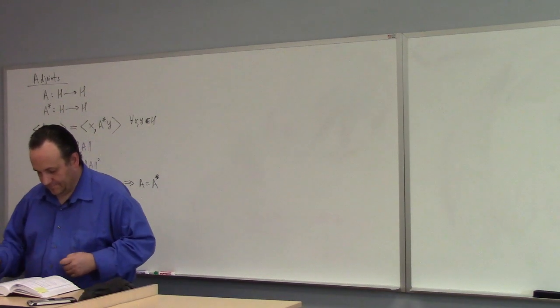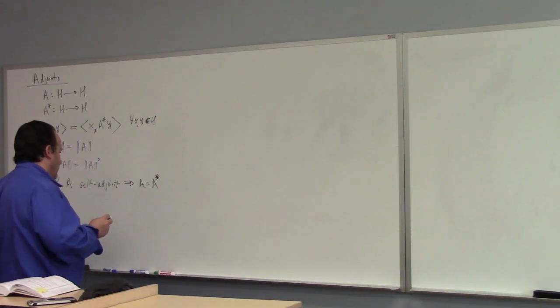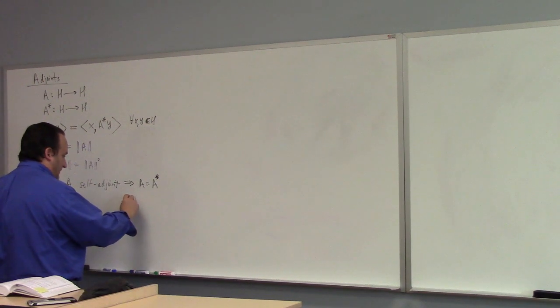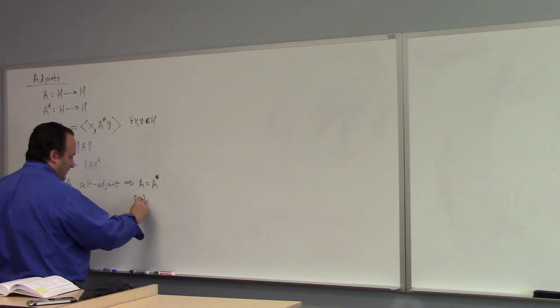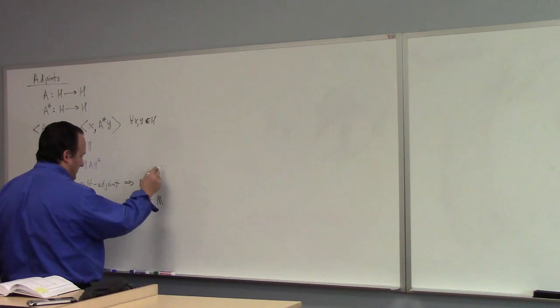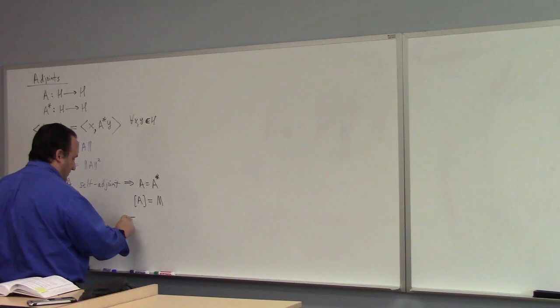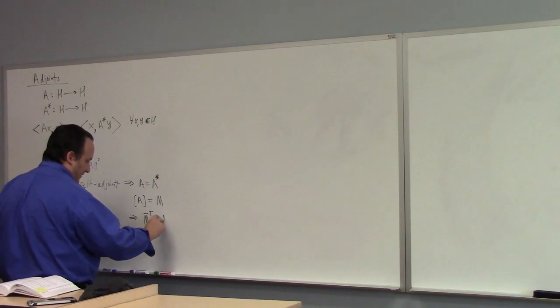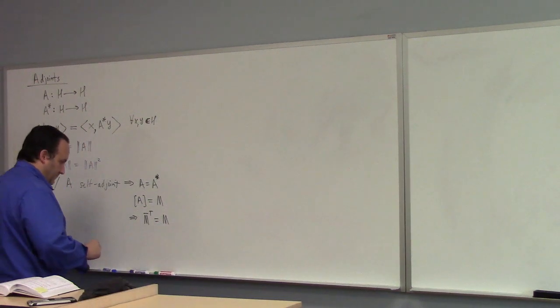And that implies, if the matrix of A is equal to M, then if it's self-adjoint, it implies that M conjugate transpose is equal to M again, when we sort through it.